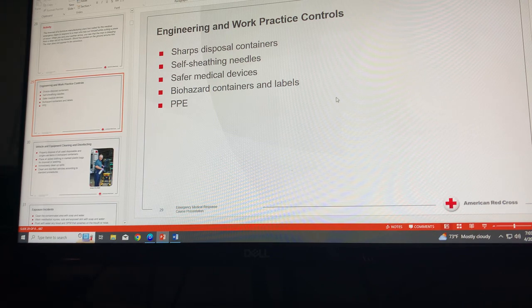Safer medical devices, such as sharps with engineered sharps injury protections or needleless systems. Use of biohazard containers and labels, and posting of signs at entrances to areas where infectious materials may be present. And here we see PPE again.